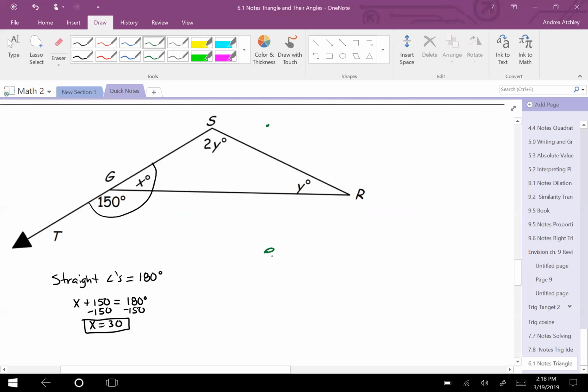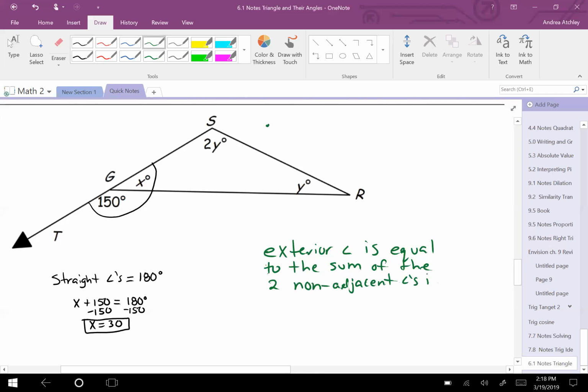Okay, so the exterior angle is equal to the sum of the two non-adjacent angles in a triangle.